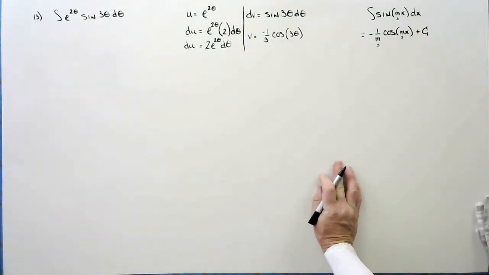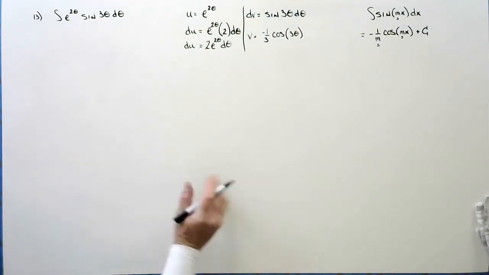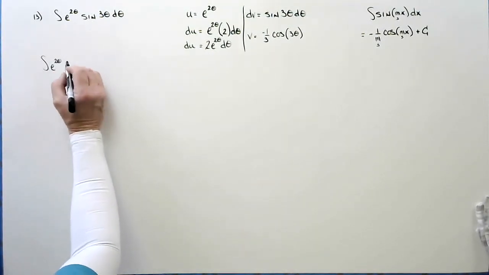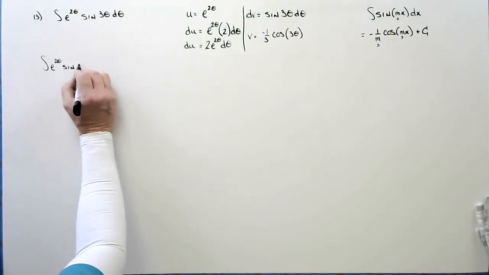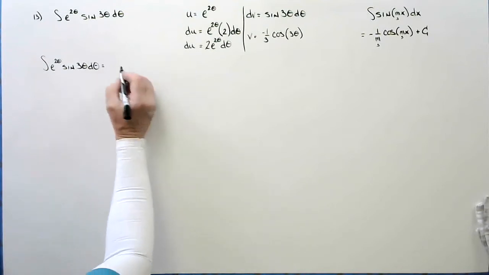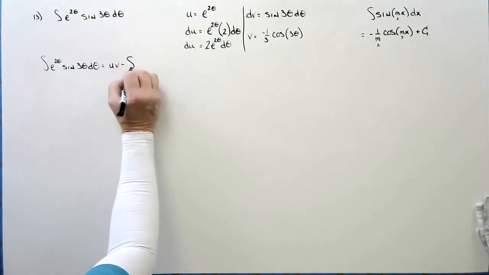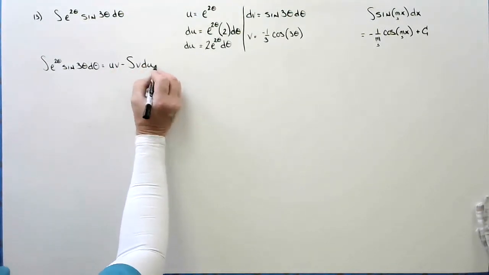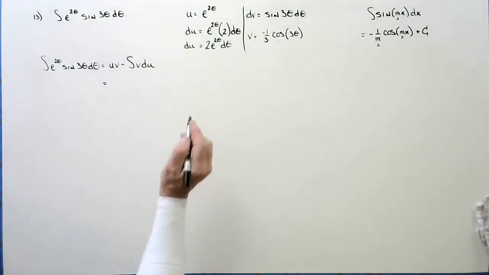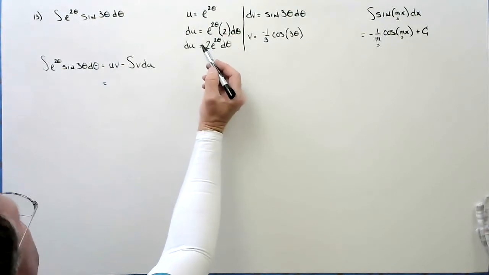And now we can proceed with our first step for solving this problem. We have the integral of e to the 2 theta sine 3 theta d theta. That's going to be uv minus the integral of v du. And we can read those off our chart. U is e to the 2 theta.